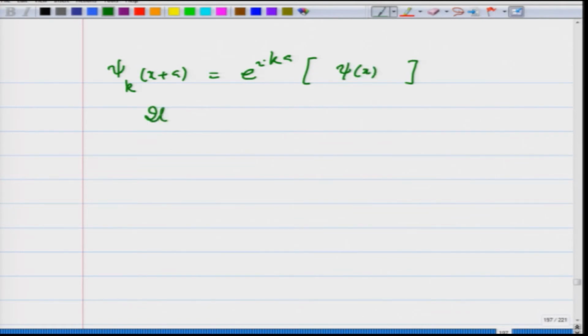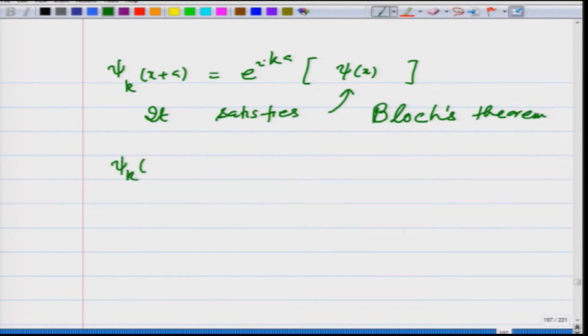So, it satisfies this property, and that is Bloch's theorem. You can also see that I can write psi_k(x) as, if I take e raised to i k x out, summation over all g, k plus g e raised to i g x.